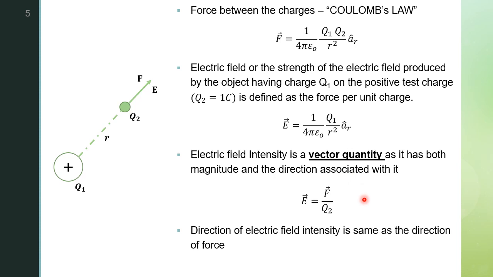So when you consider a particular charge, there is something around the charge which is called the electric field intensity, that is, the force experienced by a positive charge placed at a certain distance. If you consider any charge, there will be a field around it. So we can see what the field distribution will be around a positive and a negative charge.